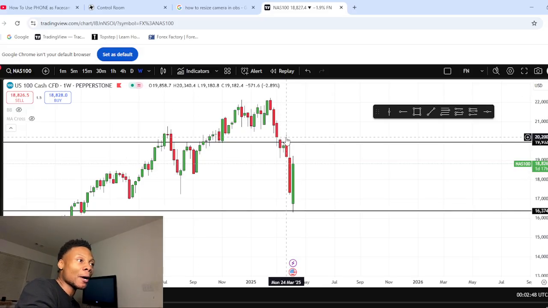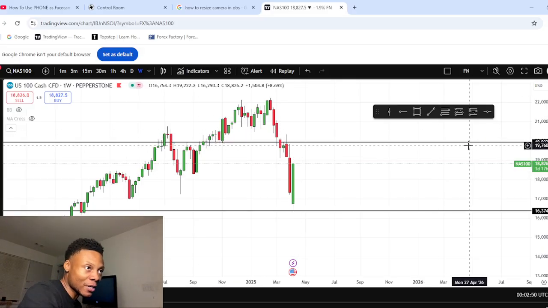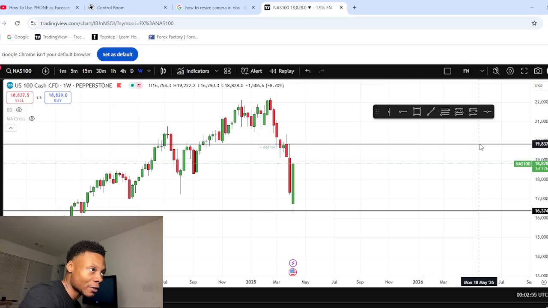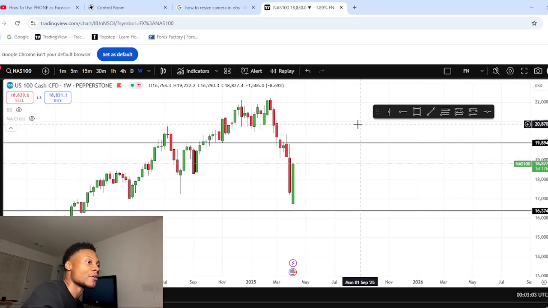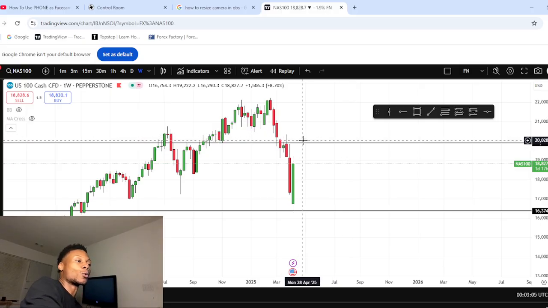So weekly, I'm even going to make this a little tighter, a little bit up here, kind of like right there. On the weekly time frame, I'm only going to have maybe two or three marking lines, if that.